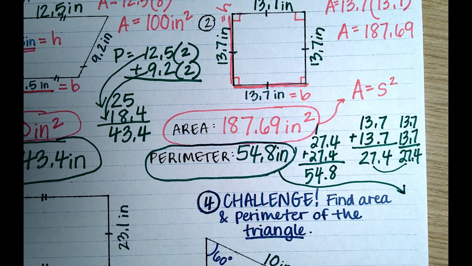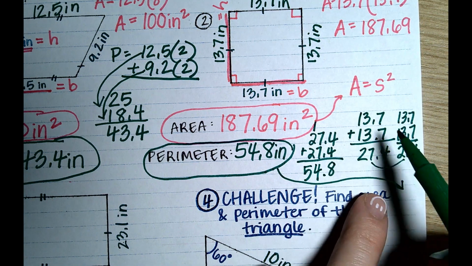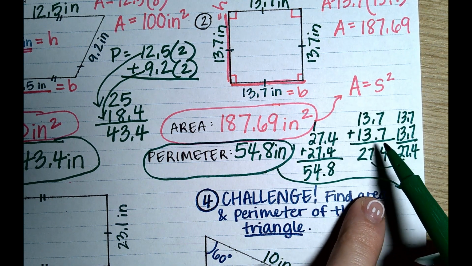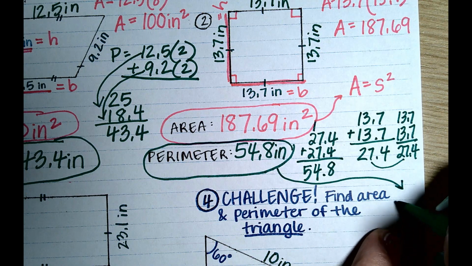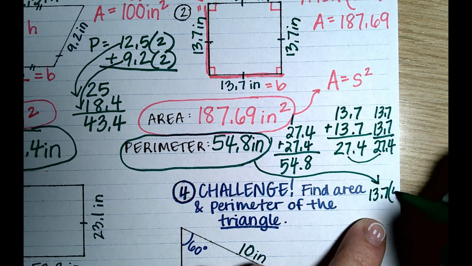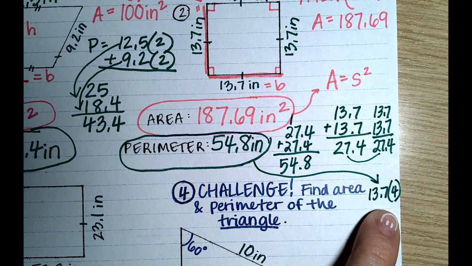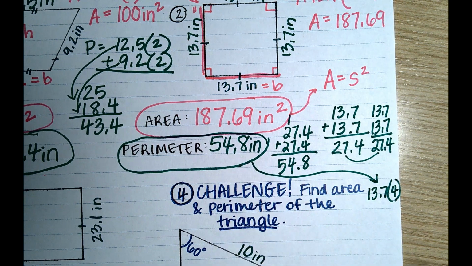If I say I want 3 times 4, that's really the same as 3 plus 3 plus 3 plus 3. So 13.7 plus 13.7 plus 13.7 plus 13.7 is the same as 13.7 times 4. And that would give me my perimeter as well.